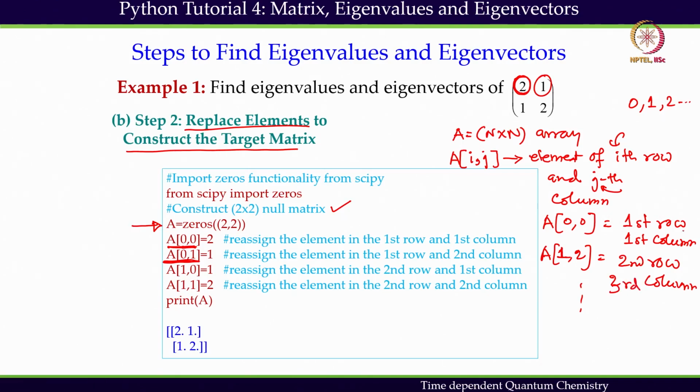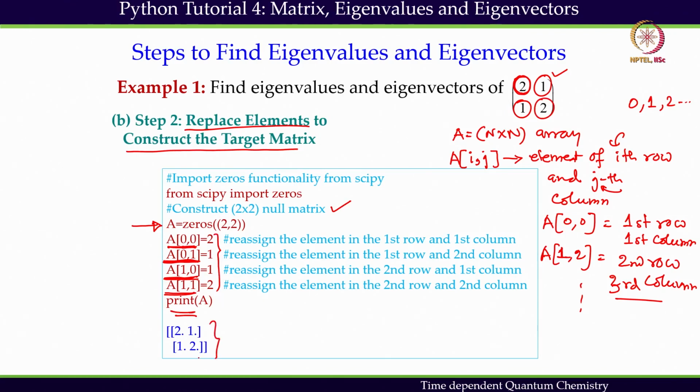Similarly, A01 is going to be first row, second column. Then A10 is second row, first column, and A11 is going to be second row, second column, and that's the way we have assigned. We are reassigning it, and if we print it, we'll be able to see what we have assigned.